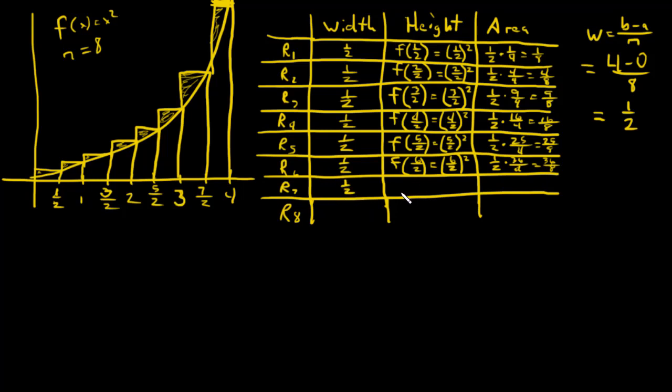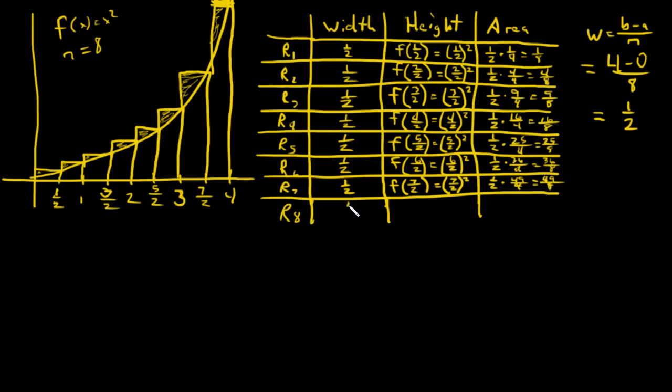1/2 f of 7/2, and that's going to be 7/2 squared, which is going to be 1/2 times 49/4. So 1/2 times 49/4 is going to be 49 over 8.